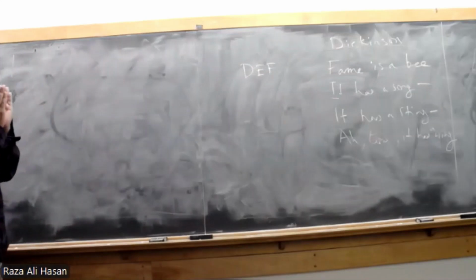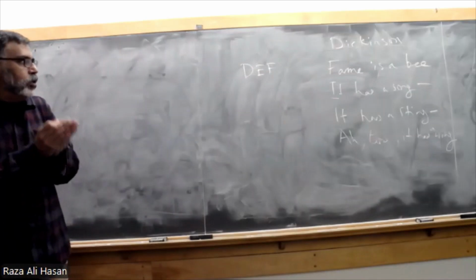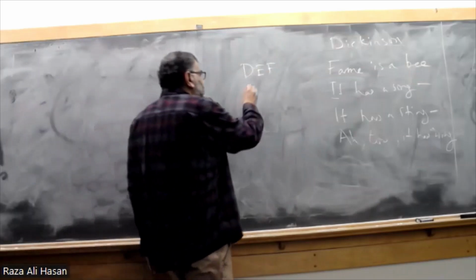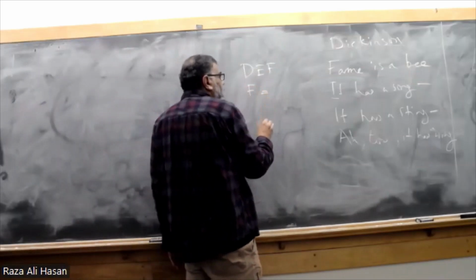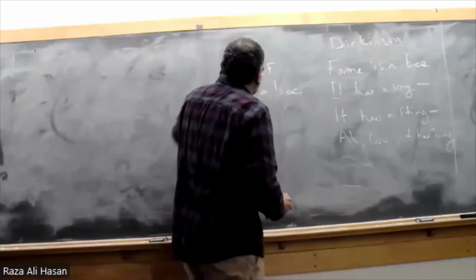So if you think of this poem as an example of a mathematical definition, what we are defining is that we're saying that fame F equals B. Just write that down.